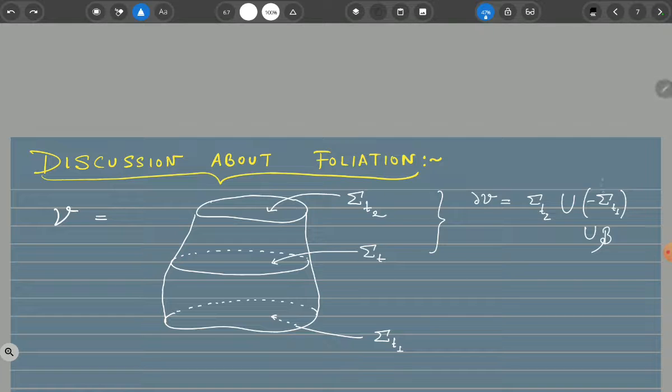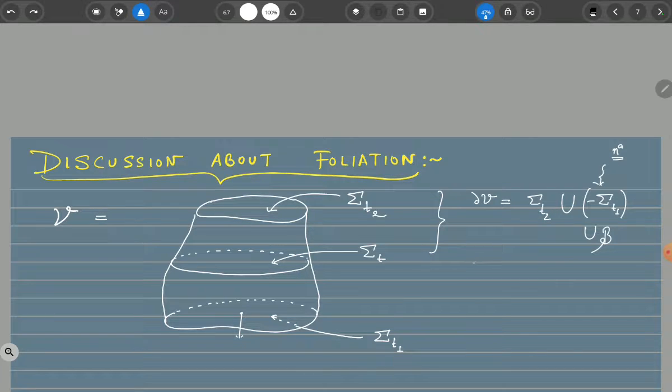And why this minus sign? This minus sign is basically due to the nature that our normal is always defined to be future pointing, and the normal to this sigma T actually points outward, which is in the past pointing direction, and hence we have to incorporate this minus sign to have a consistent nature.